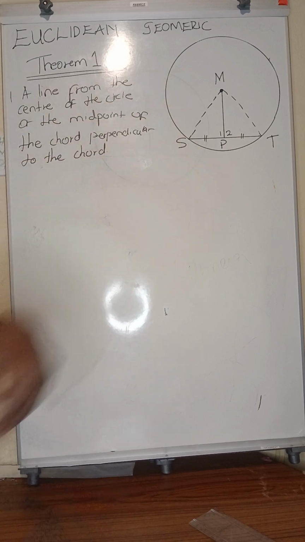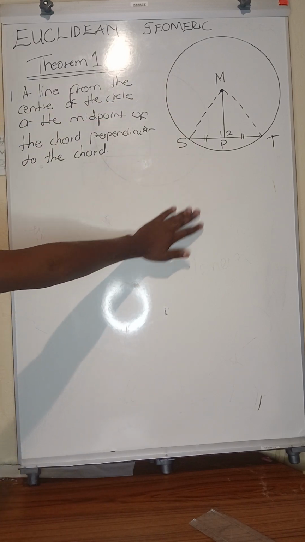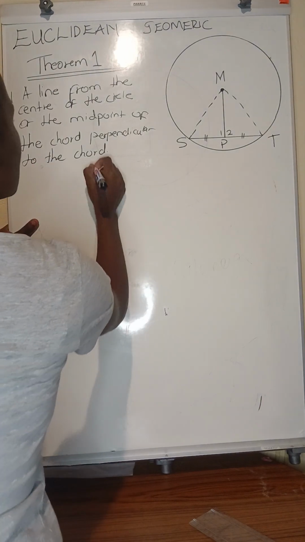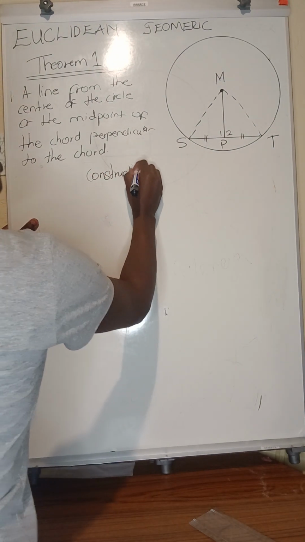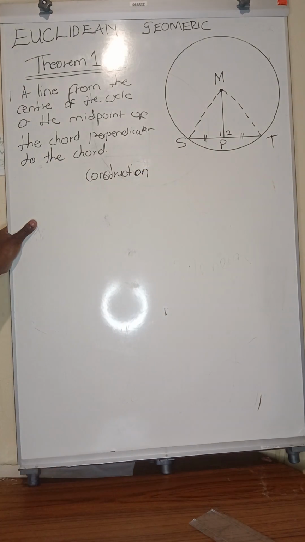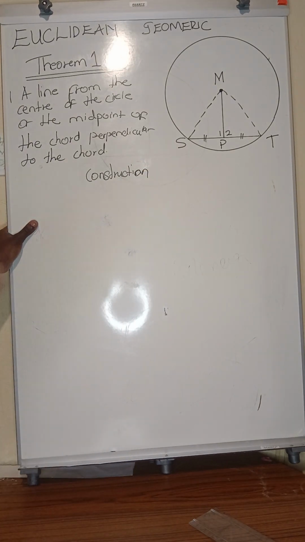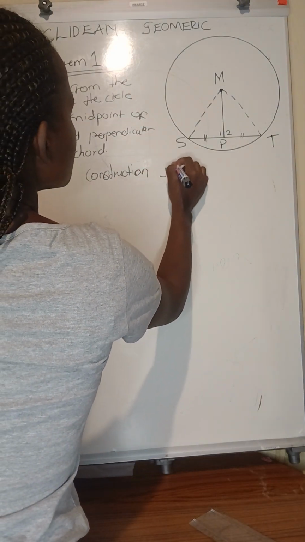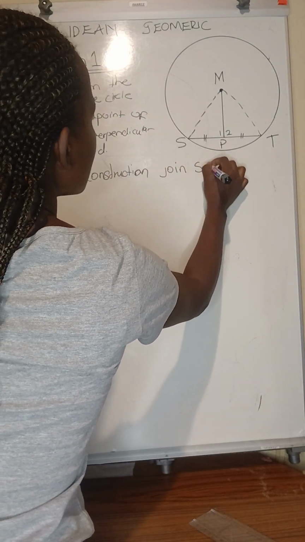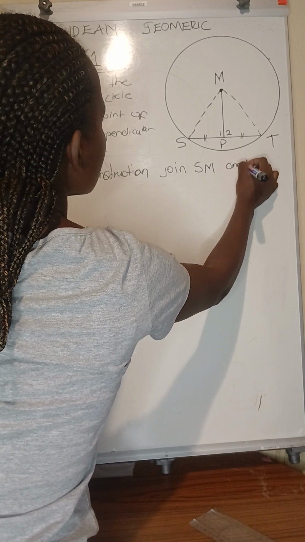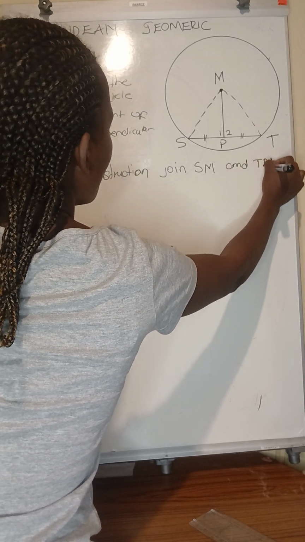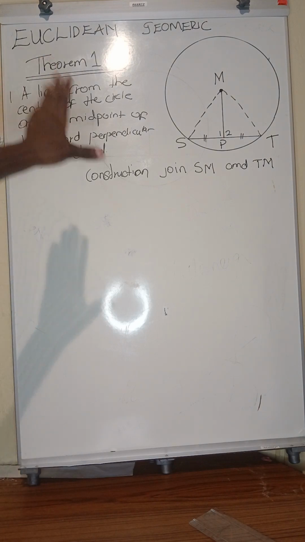So we have 2 triangles now, and then you must write here, construction: join SM and TM.